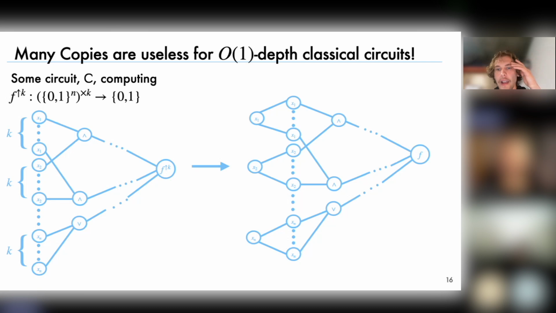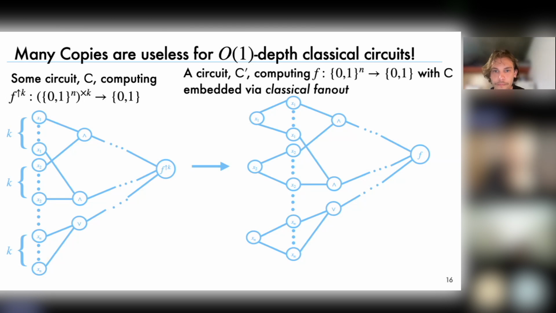However, I claim that if you had such a circuit to compute F up arrow K, then it would also be pretty easy to get a circuit that computes just F itself. You start with your inputs X1 through Xn, and then you just fan them out K times. Now you have K copies of your original input, at which point you could just run the circuit you had before that computed this F up arrow K function.